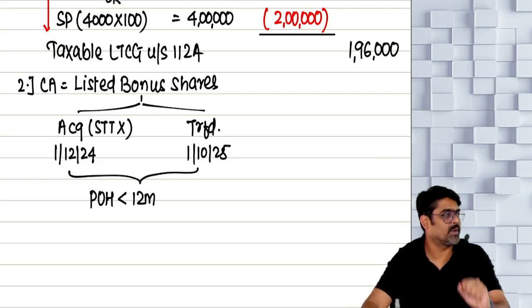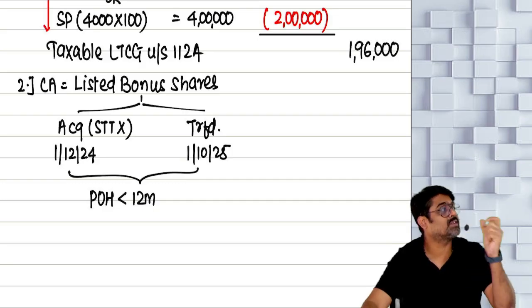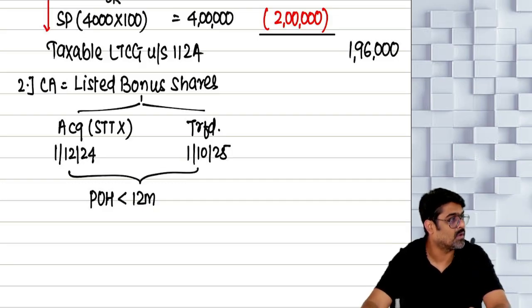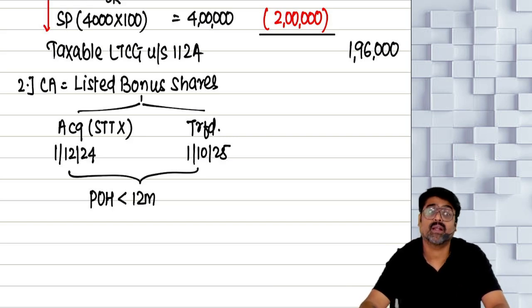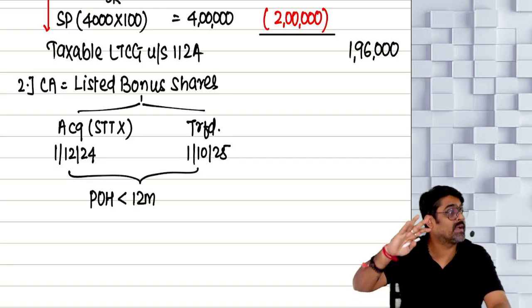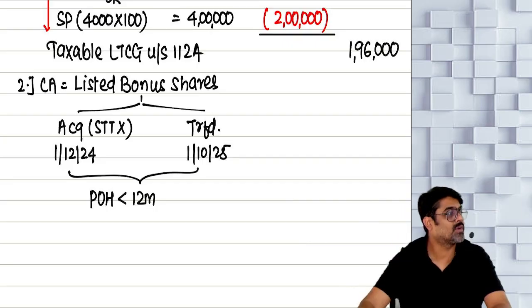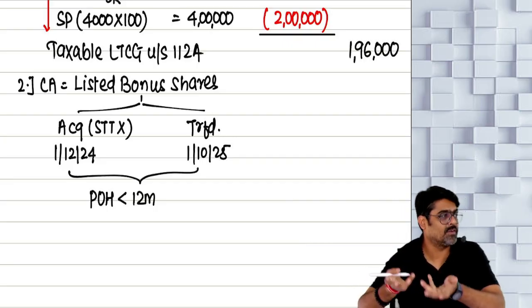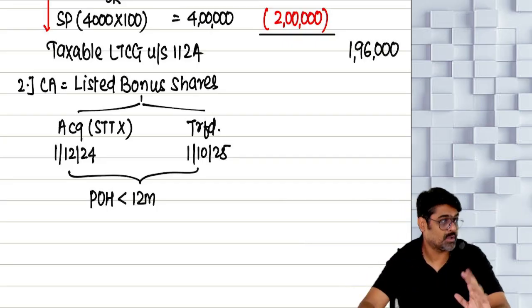So those are the genuine cases. Out of those cases, bonus shares is also one of the cases where STT is not charged. So in the case of bonus shares, even if the STT is not charged at the time of acquisition, still the long-term gain will be covered by 112A. Yes or no? But here the long-term gain is not coming. Here short-term gain is coming.